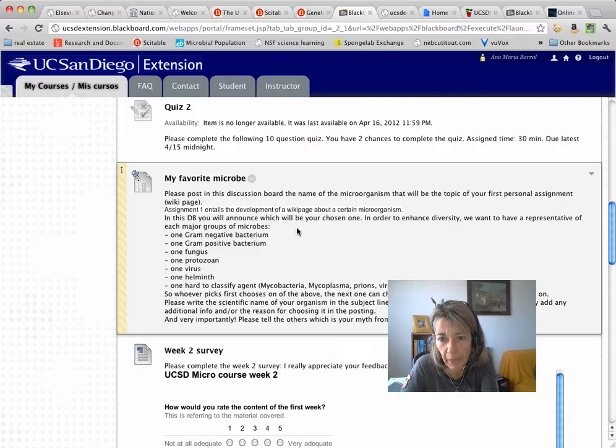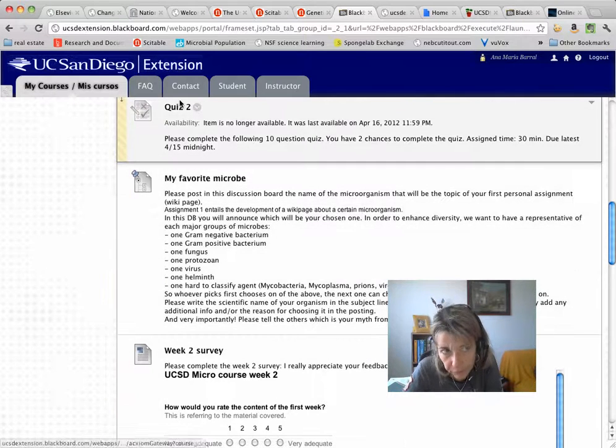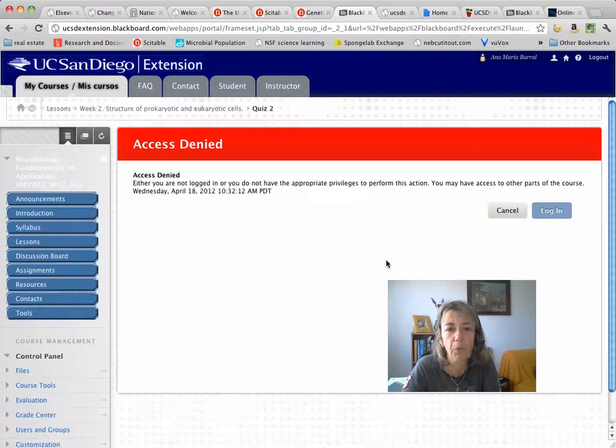So this is a reflection: you have to choose this microbe. Why did you choose your microbe? And it becomes kind of an interesting discussion board. I choose this one because, and sometimes people reflect personally, I had this drug-resistant infection, or I have been involved in this project, or so on.